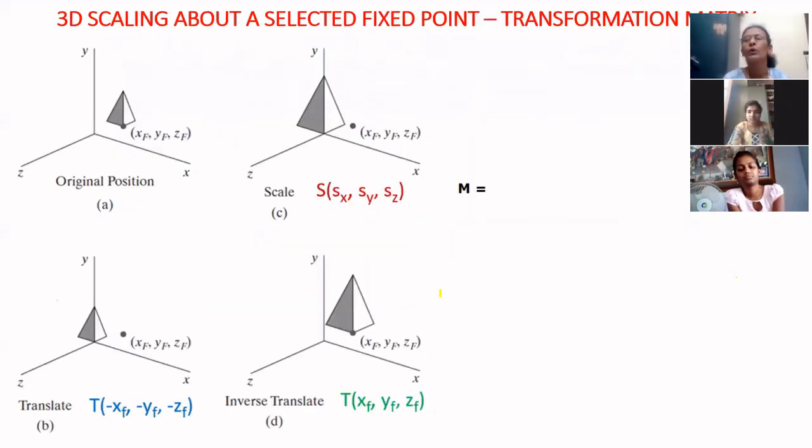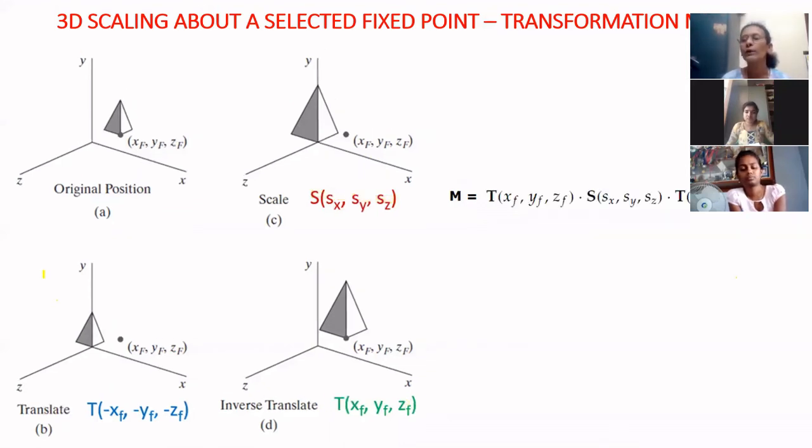So what is our overall transformation matrix? To get the overall transformation matrix, the leftmost term is the last transformation that we applied, that is, translation by Xf, Yf, Zf. The next term is the last-but-one transformation, in our case scaling, and so on. That is, we go in reverse order.